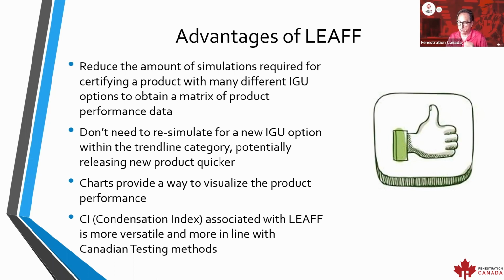Is that correct? Yes, it's actually just plugging the center of glass U factor into the linear equation. You take that center of glass U factor, plug that into the equation, and that will give you your total product rating.